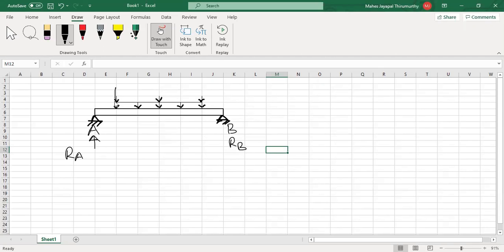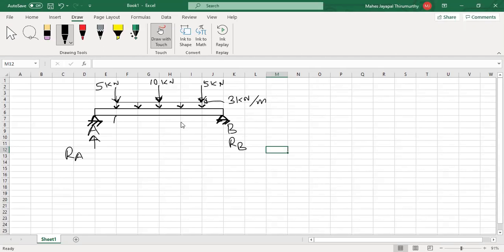So there is a point force acting here, and here, and here. All are 5 kilonewton, 10 kilonewton, and 5 kilonewton. And the uniformly distributed load is 3 kilonewton per meter.